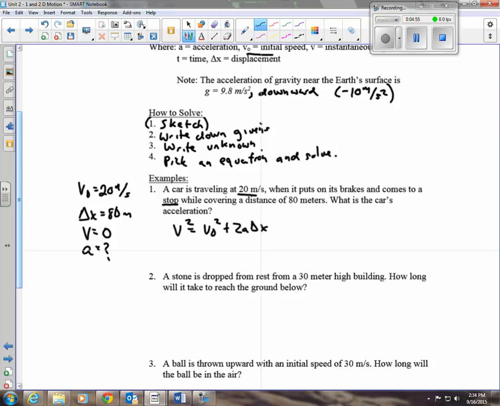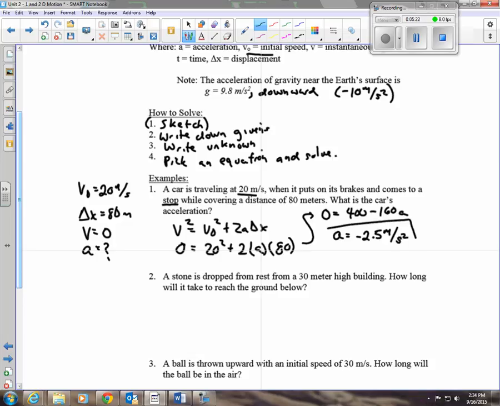So now I plug in, and I get 0 equals 20 squared plus 2 times a times the distance, which was 80 meters. Solving this, 0 equals 400 minus 160a. If I solve that, I'll get an acceleration of minus 2.5. And the units for acceleration are meters per second squared.